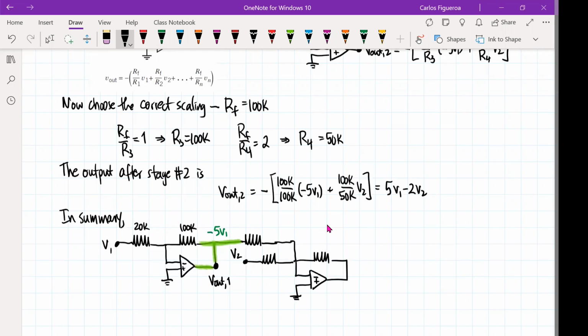And the way I scaled them is that this was 100K, 100K, 50K, and then this is my output node. So if I look at my output node, you can see that V out 2 is then 5V1 minus 2V2.